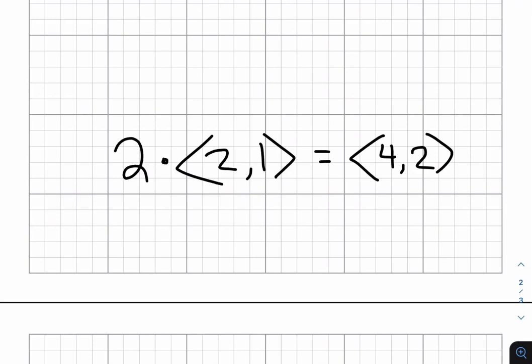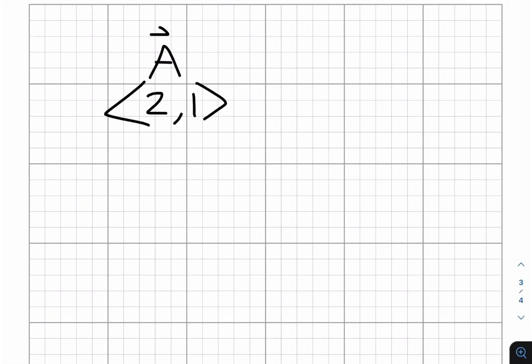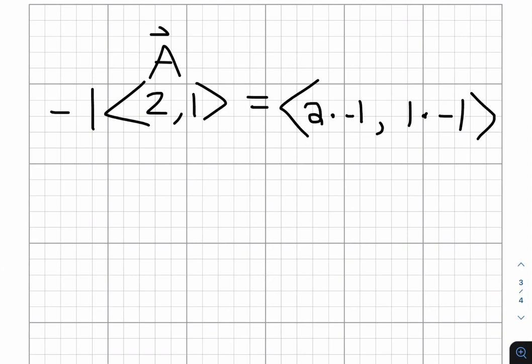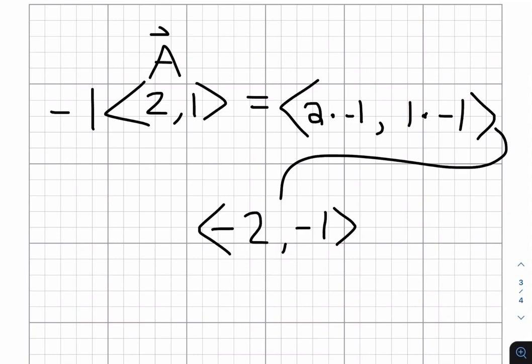Let's try another example. This time we will start numerically, and then do the graphical version. Let's take that same vector a and multiply it by -1 instead of 2. If we multiply each component of a by -1, you get -2, -1. This new vector can be written as -1a, or -a.